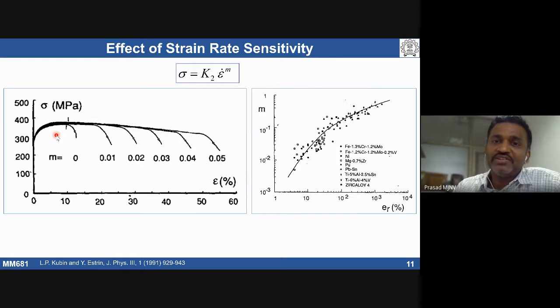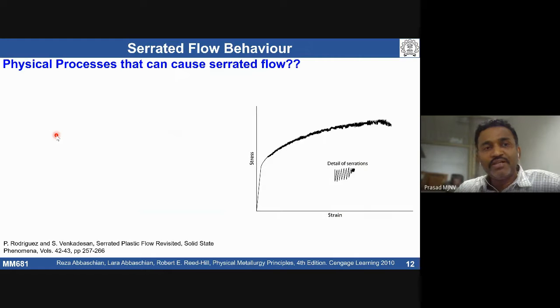We always need a higher strain rate sensitivity to have increased ductility. Negative strain rate sensitivity leads to plastic instability: strain gets localized, which can lead to premature failure of the material. So that can lead to a minimum in the ductility in the dynamic strain aging phenomenon.